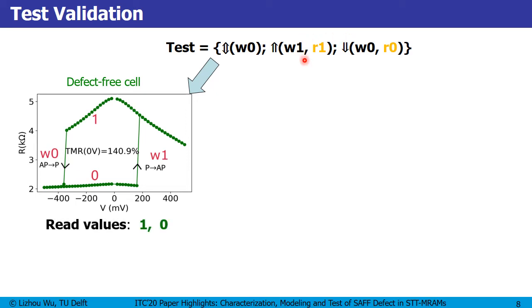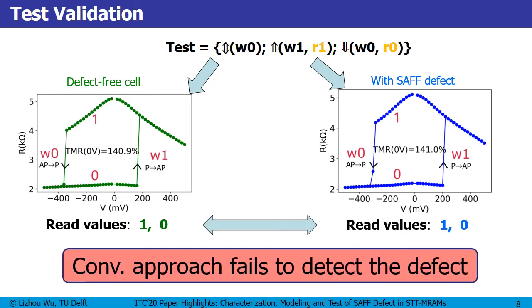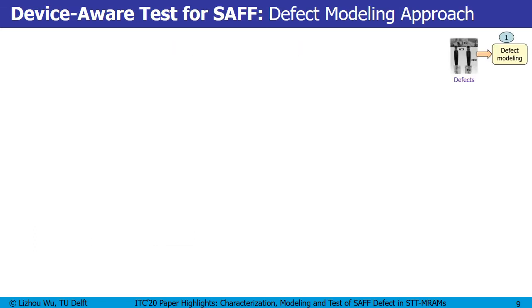So these 2 write operations both return the correct values. In contrast, for a defective cell, the loop shape is exactly the same. This shows that these 2 write operations also give us the correct values. Therefore, the conventional test approach fails to detect the SAFF defects.